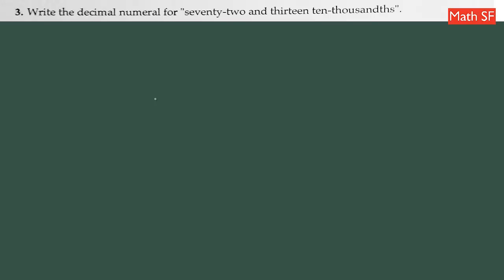Number 3, write the decimal for the numeral 72 and 13 ten-thousandths. The key here is that there is an "and", so that will be a decimal point there. Let's write 72. As previously we learned in chapter 1, 72 is just the number there, 2 digits, 72. Now 13 ten-thousandths.